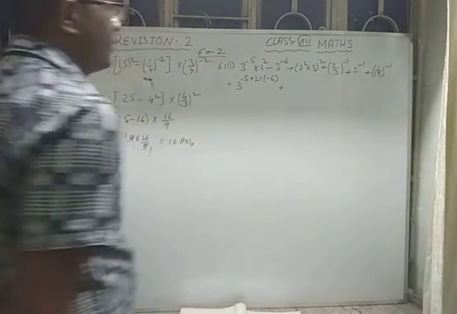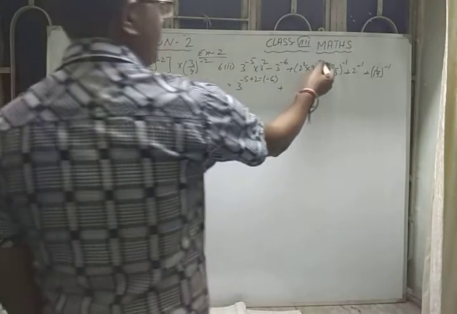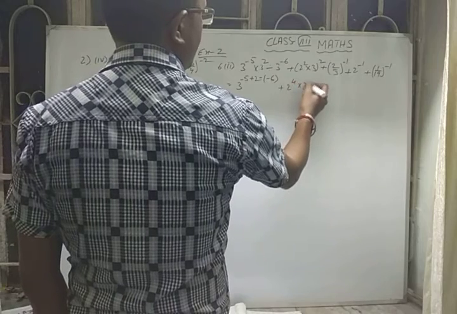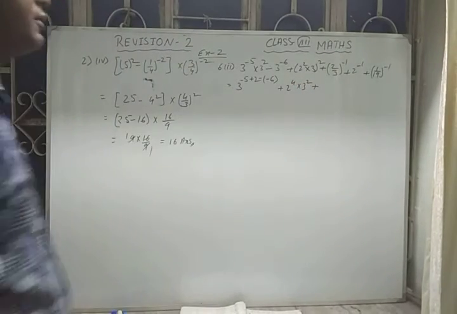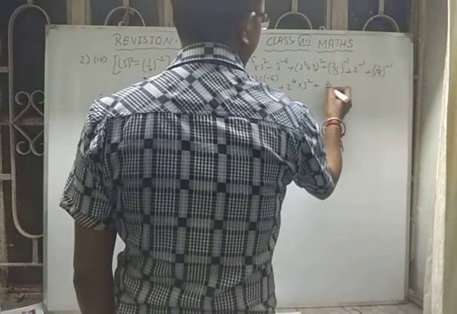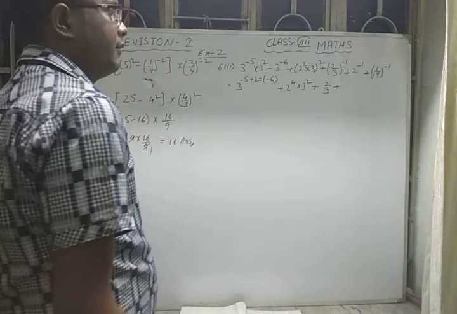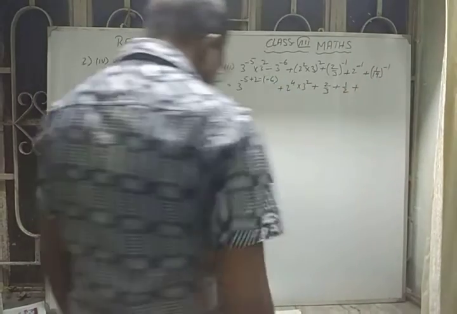Now 2 square into 3 whole square means this 2 is for both 2 and 3, so it will become 2 to the power 4 into 3 square plus. Now 2 by 3 is having power minus 1, so it will become reciprocal, 3 by 2 plus. Again 2 is having the negative power, it will become 1 by 2 plus.